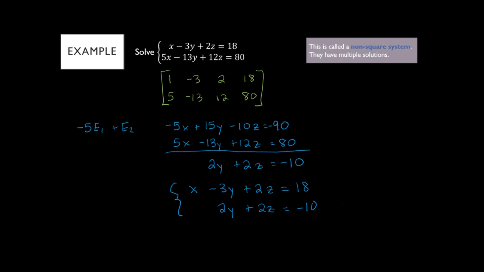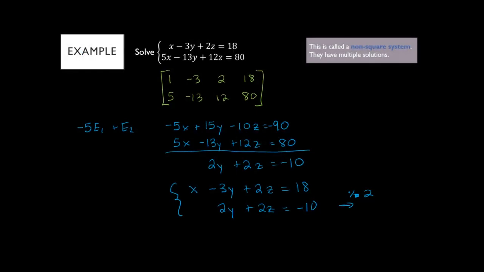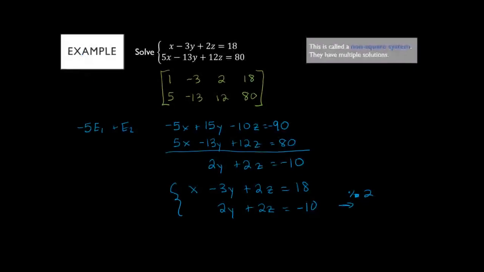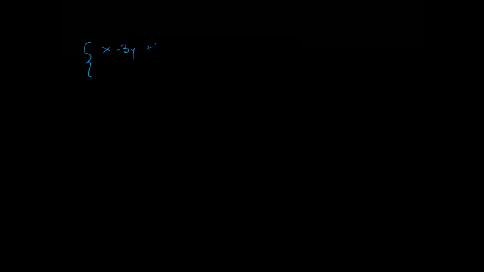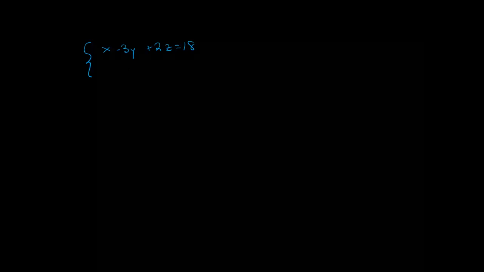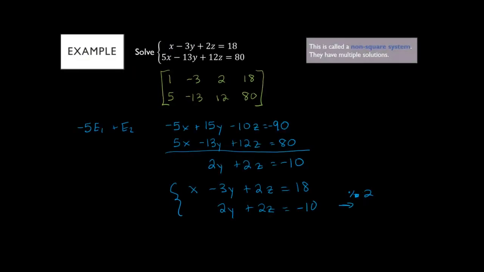So we're going to divide this by 2. I'm going to rewrite this. We have x minus 3y plus 2z equals 18. And then we had 2y, so we divide that by 2.